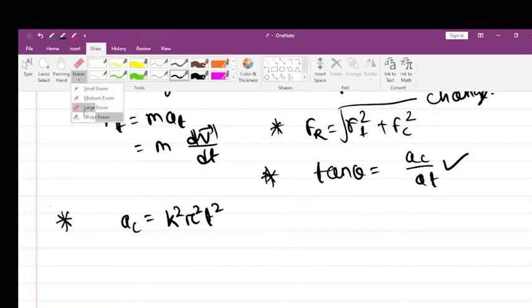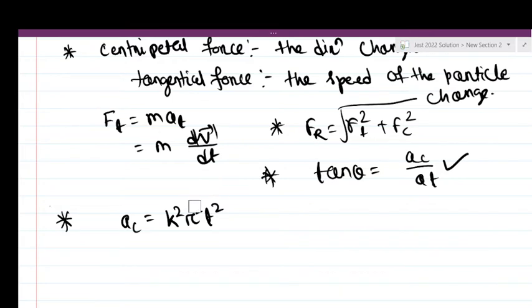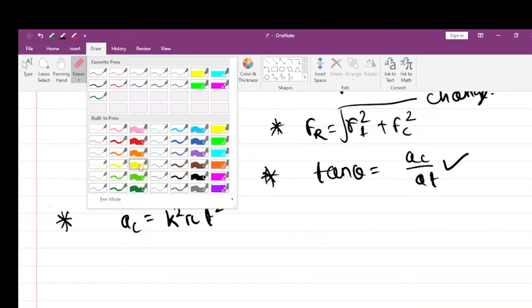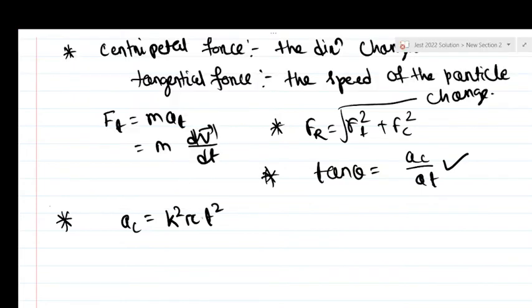The centripetal force is mv square by r, and the centripetal acceleration is v square by r.